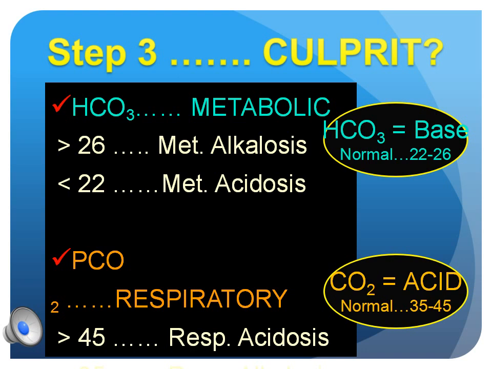Coming to the respiratory part, if you have PCO2 more than 45, we have a respiratory acidosis. And if you have a PCO2 less than 35, we have a respiratory alkalosis.